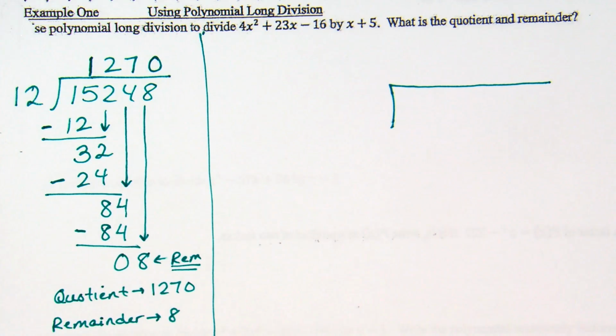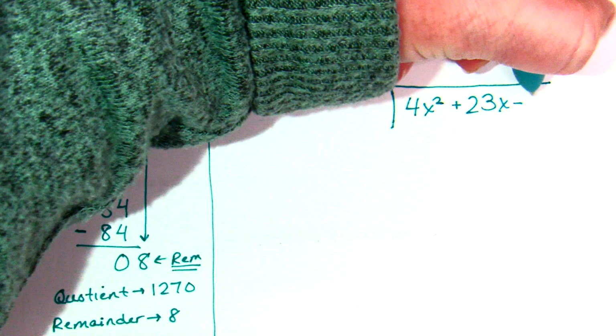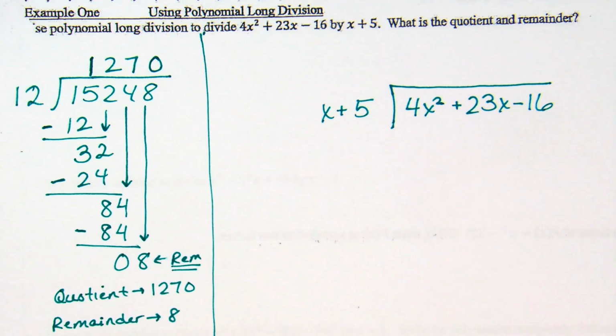What is the quotient and remainder? So what goes in the box? Which equation? The one with the squares. So 4x squared plus 23x minus 16. My divisor that I'm dividing by, x plus 5, goes outside the box.